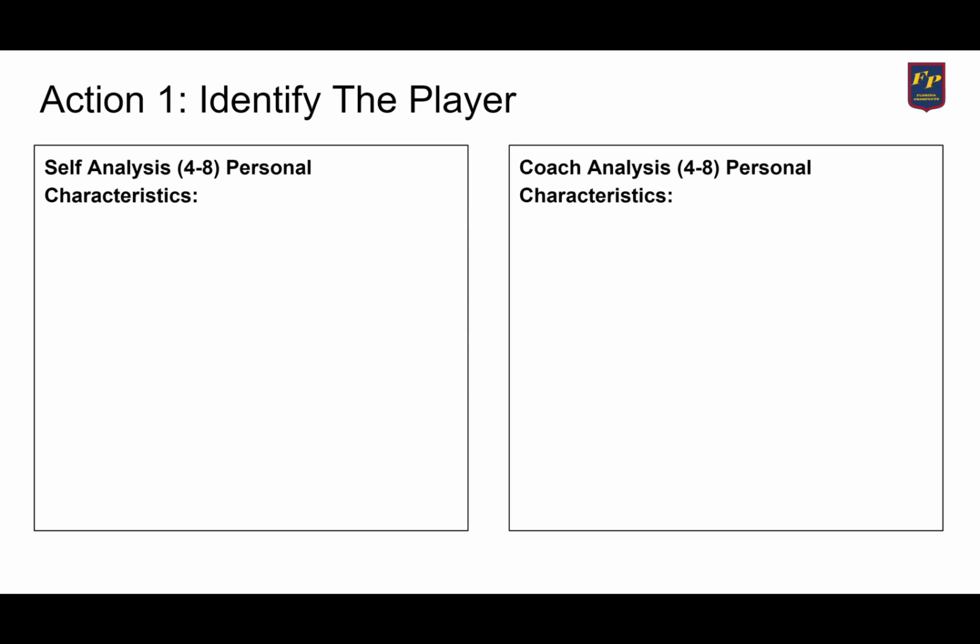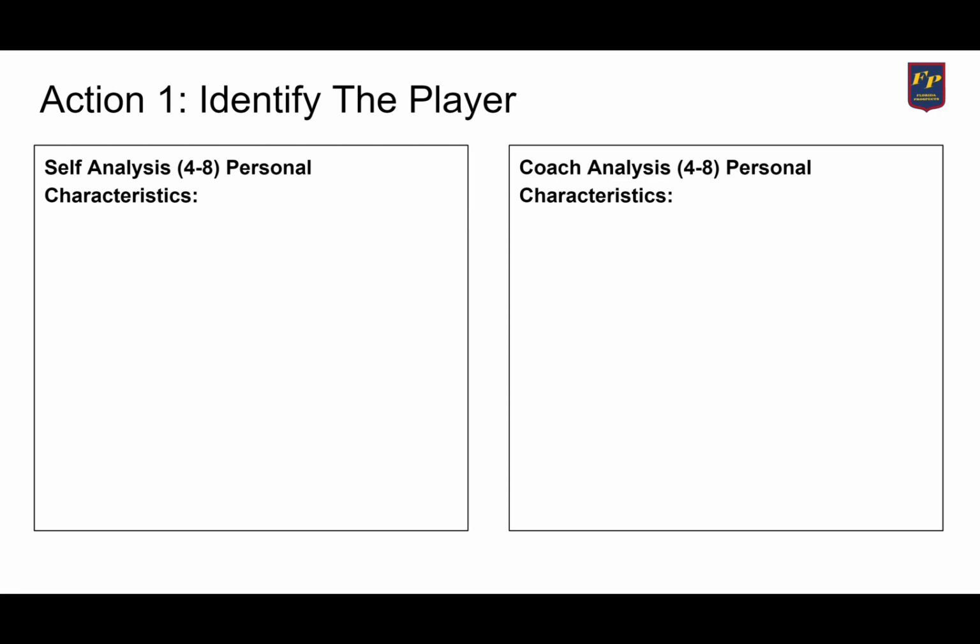Okay, moving into the next step. What you're going to do on the left side where it says self-analysis, you're going to break down 4 to 8 personal characteristics about yourself. You're going to put like those categories that we just gave as examples about yourself. You're then going to ask your coach to do the same thing.